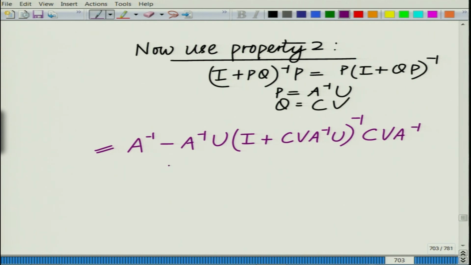This is what we have obtained so far for (A + UCV) inverse after using property 2. So, first we use property 1 in the simplification, followed by property 2, and this is what we get.